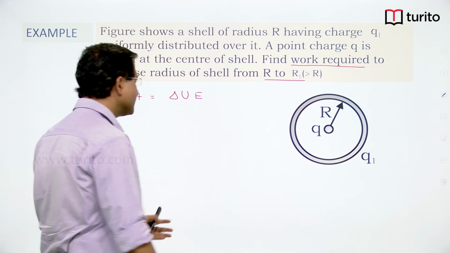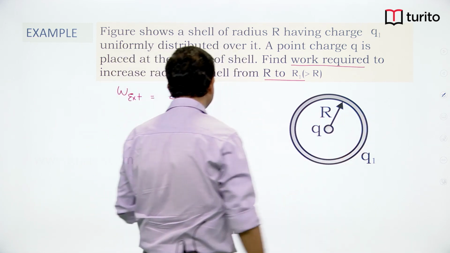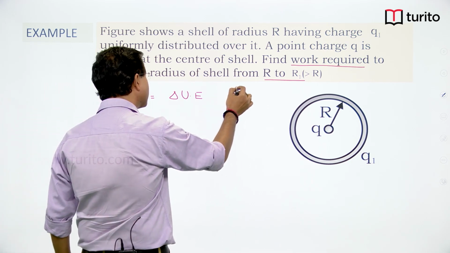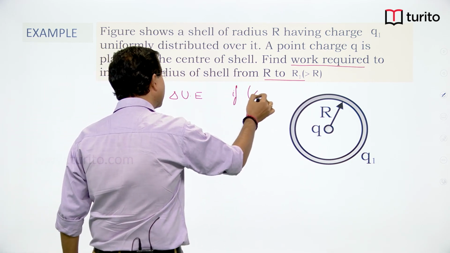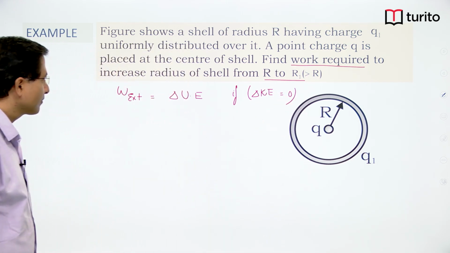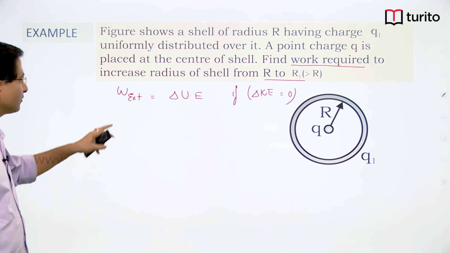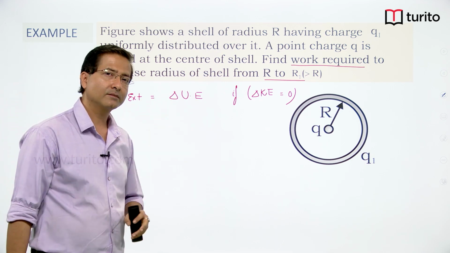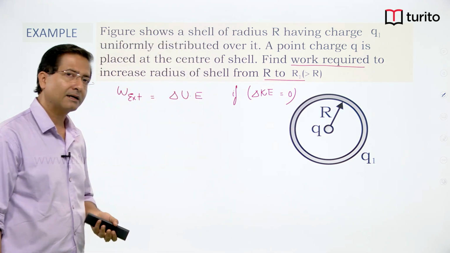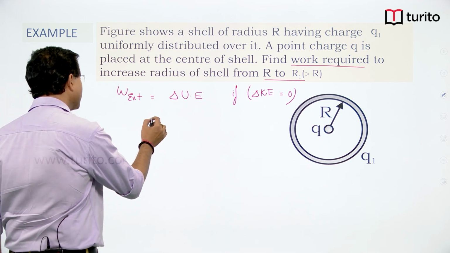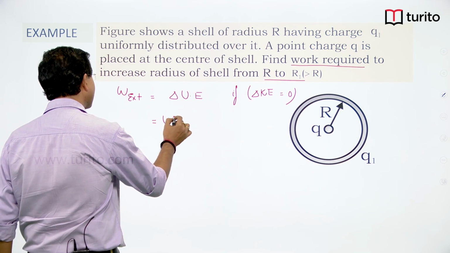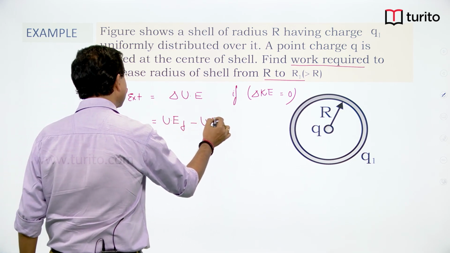So, slowly we are increasing the radius. This is valid only if, as we discussed last class, the change in kinetic energy is 0. That means to get the work done by the external agent I require the initial potential energy and final potential energy. I will substitute that here and get the total work required. So, final potential energy minus initial potential energy is required.